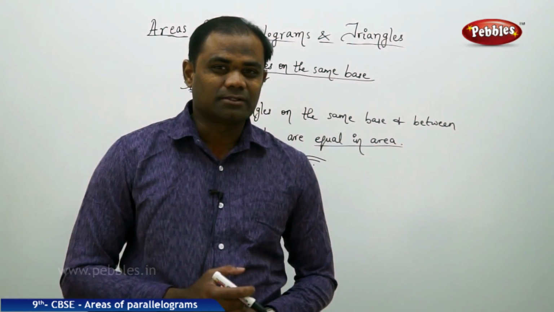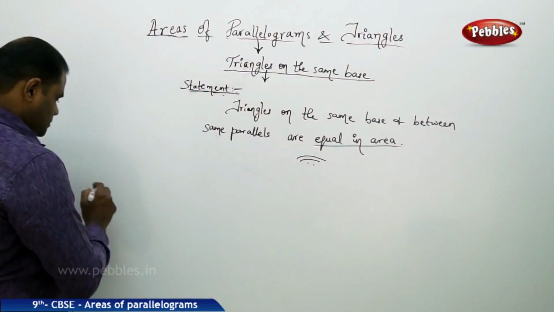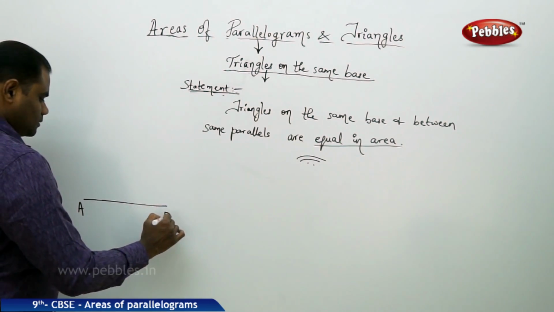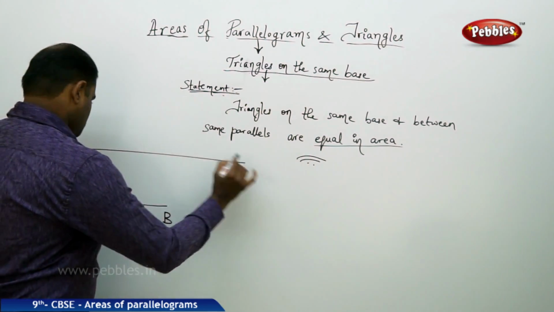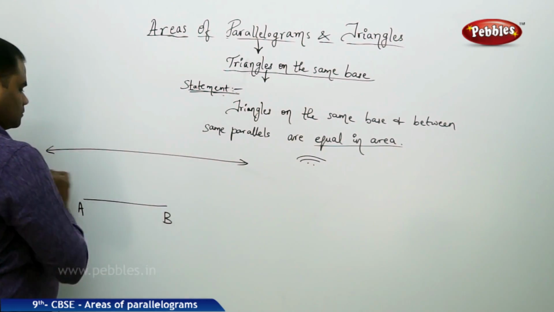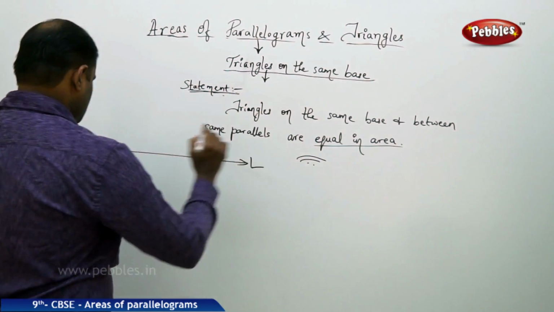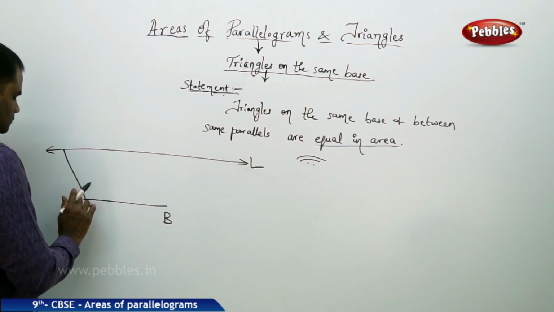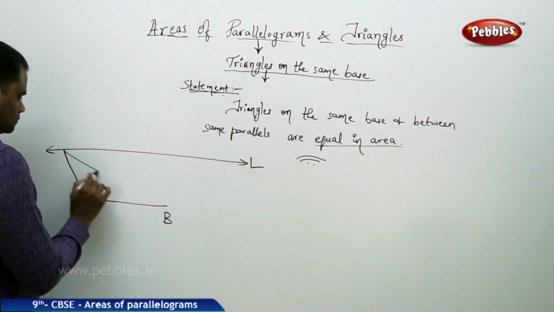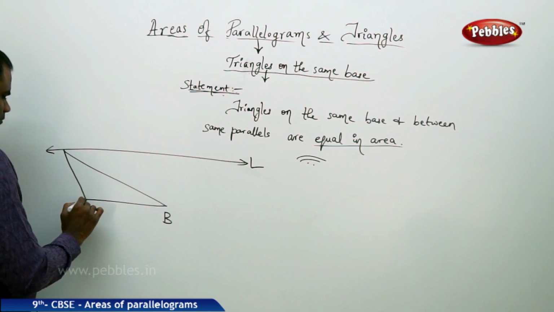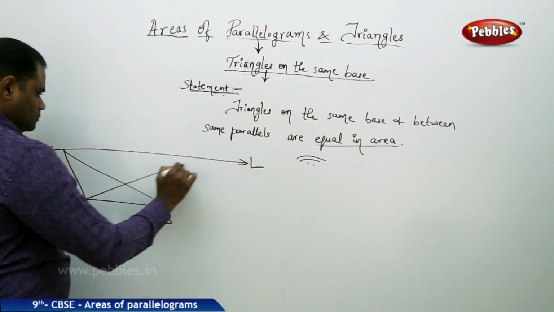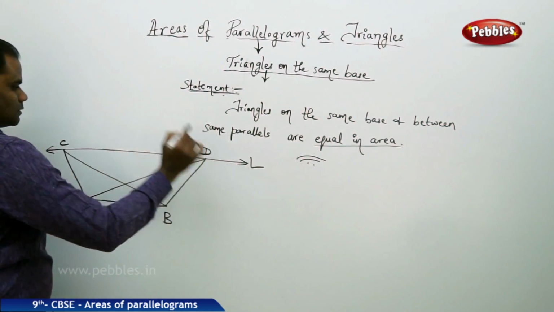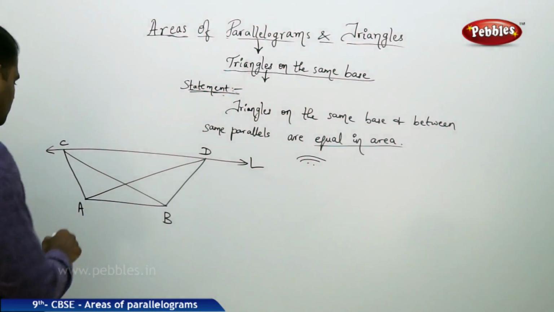So when I take two triangles between same base and same parallels, just like this, A, B, this is the line L, and I have a triangle like this, then the two triangles must have equal areas.